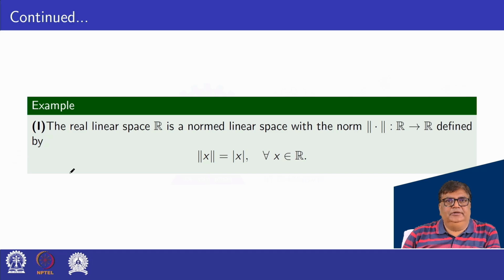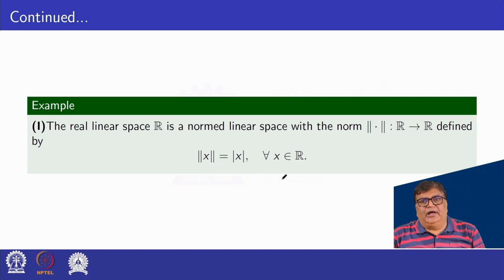For example, the real linear space is a normed linear space with the norm ‖·‖ from R to R defined by ‖x‖ equal to |x| for all x belonging to R. Then the ordered pair (R, ‖·‖) is a normed linear space.